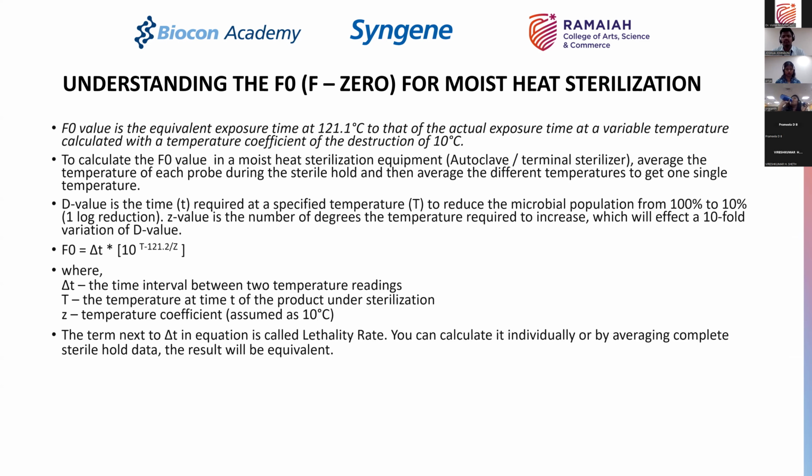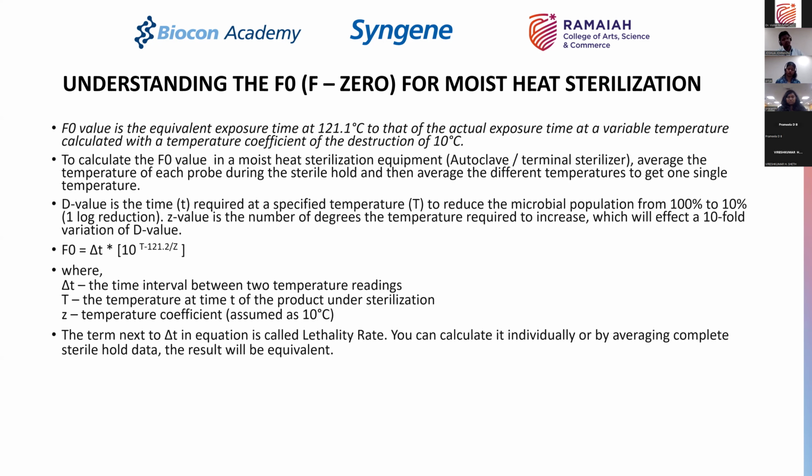The D value is the time required to reduce the microbial population by 1 log reduction, that is by 90%. The formula for F0 is given here. I'm going to elaborate on that in the next session. And delta T in the equation gives the lethality rate.